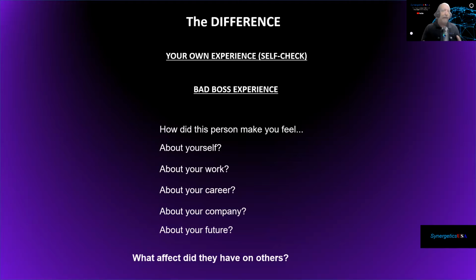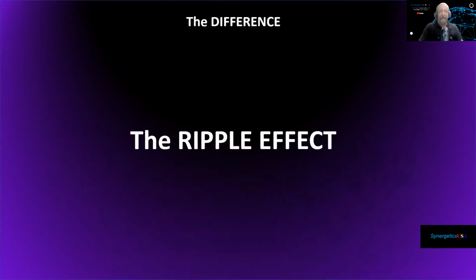And then think about this. What effect did they have on others? I mean, if they had this impact on you, a very strong, probably very negative impact, do you think it was solely focused on you, or did they treat others within your department the same way? Did they treat people even outside the department the same way? This is something that we call the ripple effect. The ripple effect starts at the center core of this individual's behavior.